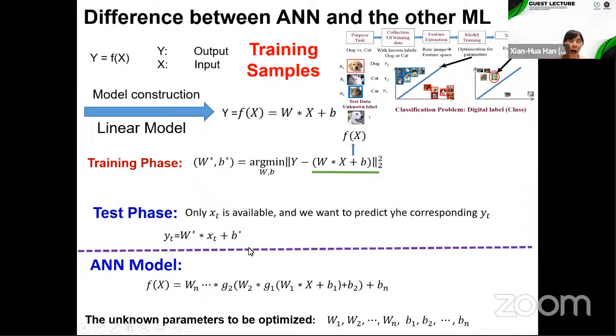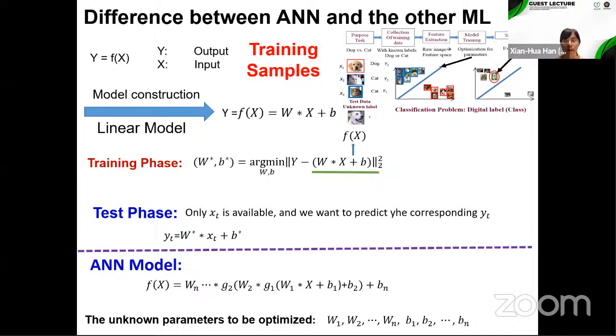So what's the artificial neural network model? In the artificial neural network, there are several composed functions, not only one linear transformation.